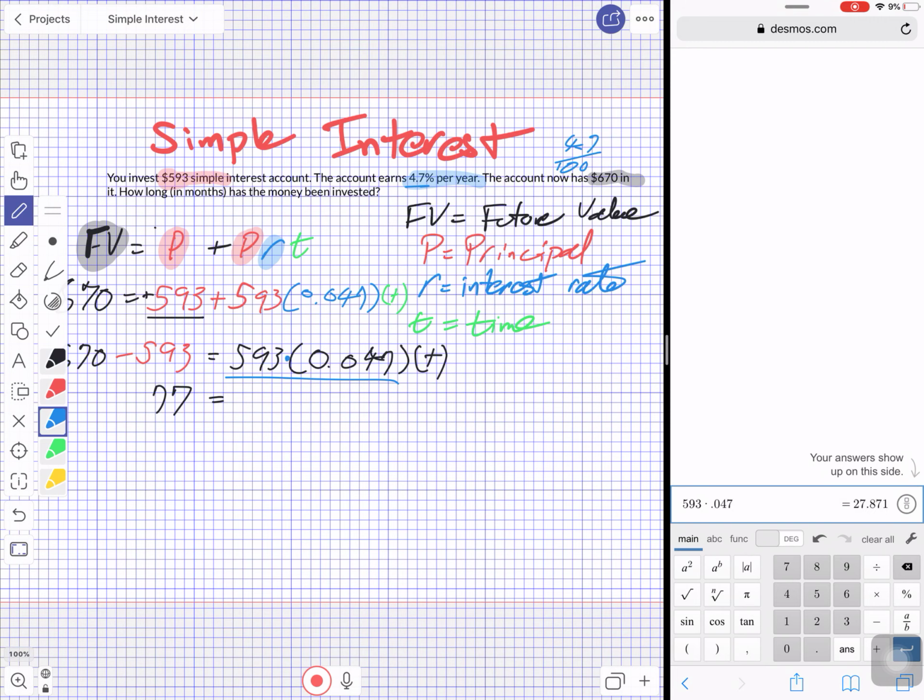Now, because this is multiplication, in order to get T by itself, I need to divide both sides by 27.871. So we go back to our calculator and say 77 divided by 27.871.